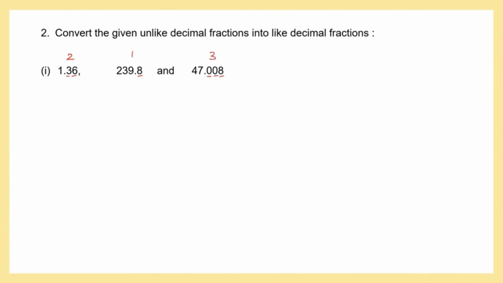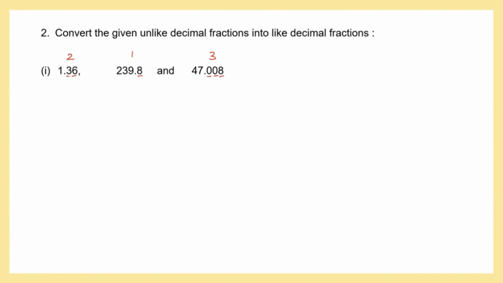If they have the same number of decimal places, then the numbers are called like decimal fractions. But here they have different numbers of decimal places, so they are called unlike decimal fractions.